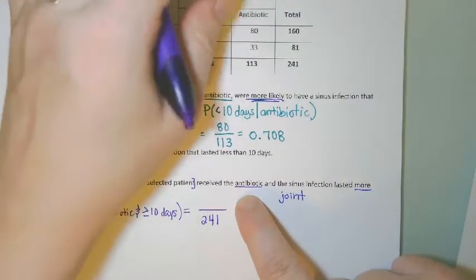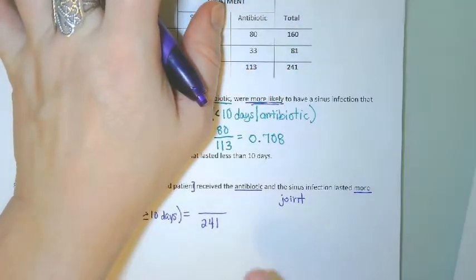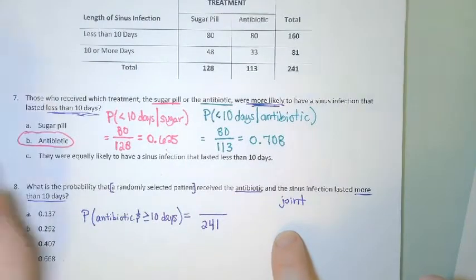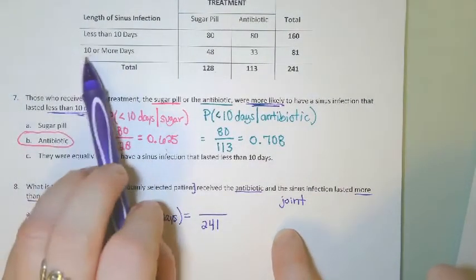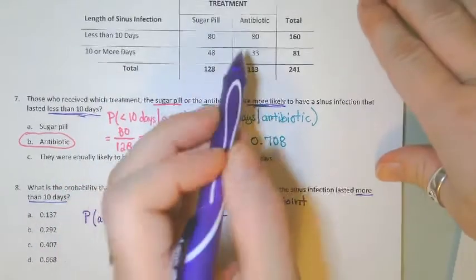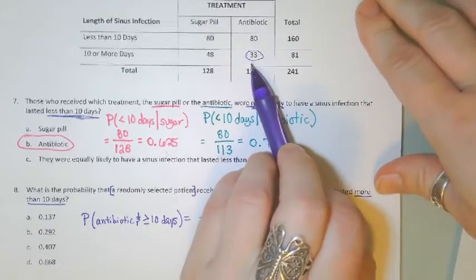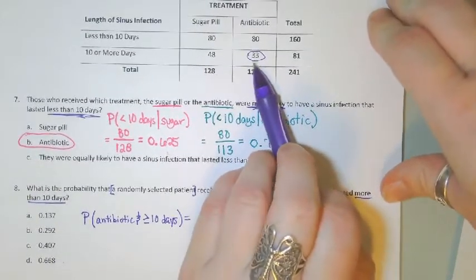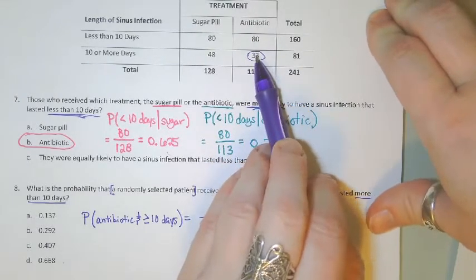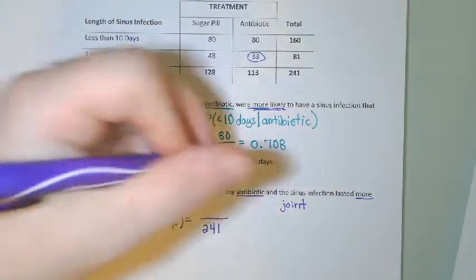So on the chart, I'm just going to be looking at the antibiotic column. And the other criteria was their infection lasted more than 10 days, 10 or more days. And that would be the bottom option here. So here, the value 33. This is representing how many patients got the antibiotic treatment and had a sinus infection lasting 10 or more days.